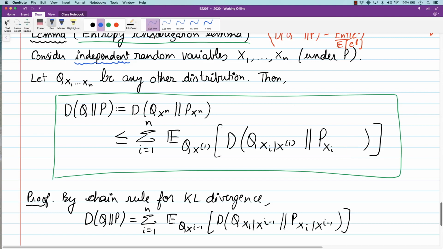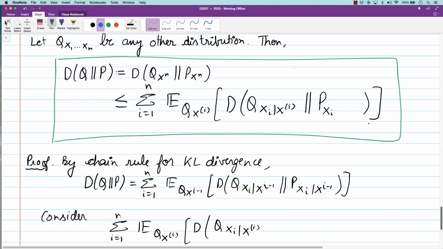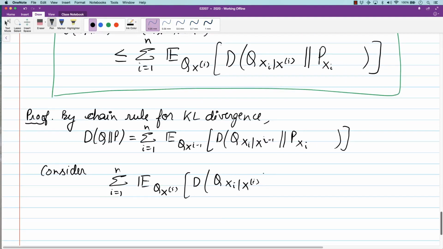It's just P(xi). Otherwise this bound doesn't hold; you can find a counterexample. So this is only for the independent case. Similarly, because they're independent, this is only P(xi), and doesn't depend on what the past is. So the difference of these two terms would be this term from P(xi) minus the expected value under Q of the past of the divergence between Q(xi given x1 to xi minus 1) and P(xi).